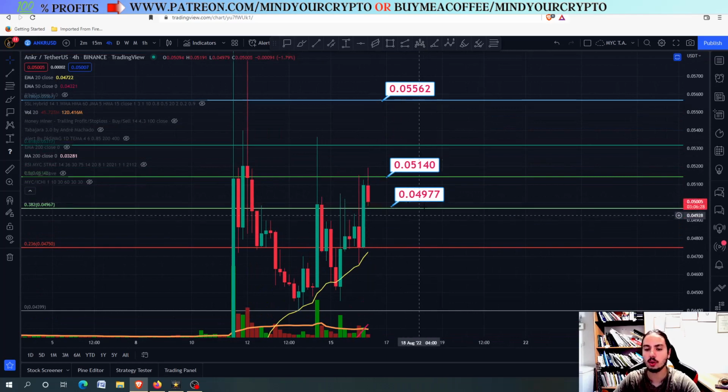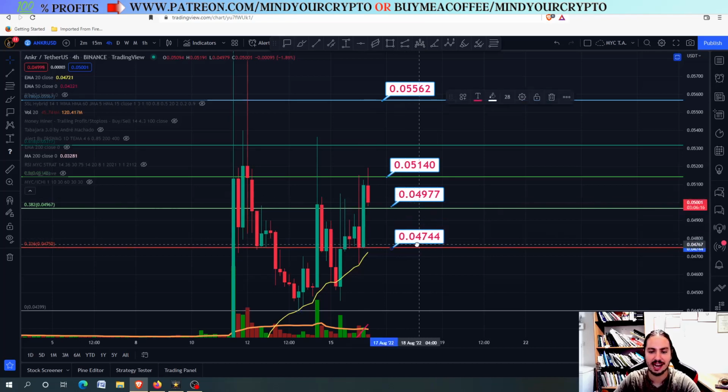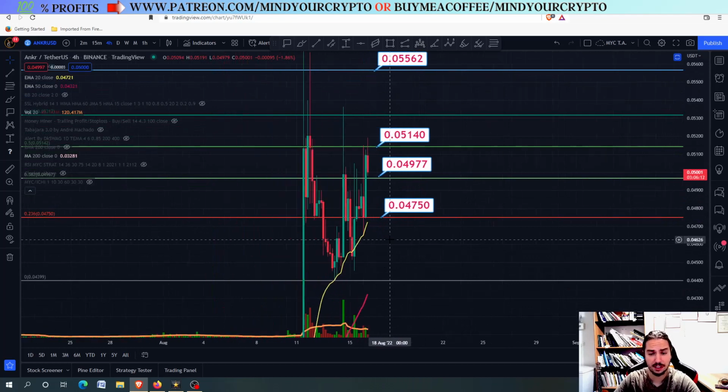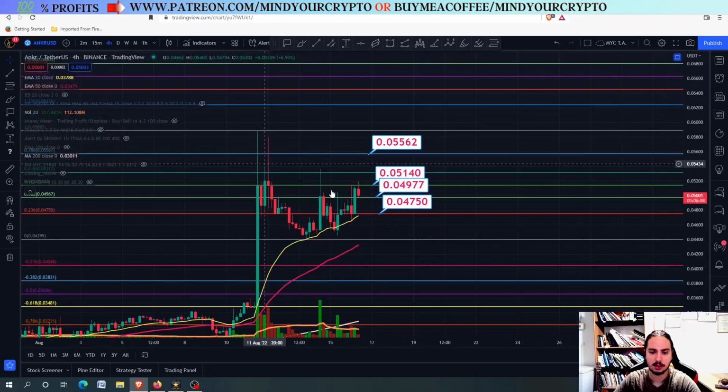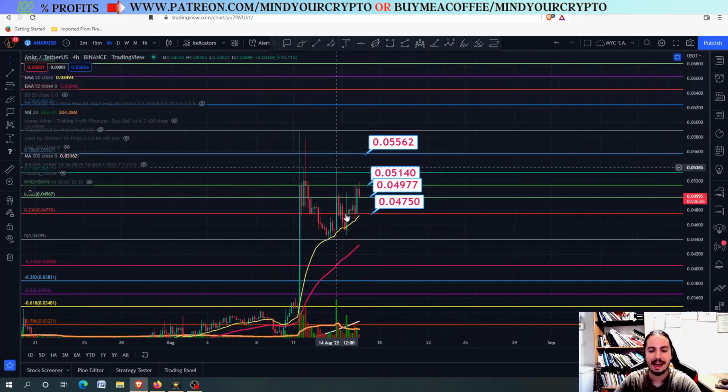If you see Ankr losing this position right here, then it is very possible that we drop further down, going into the next price targets, maybe the point of 47.50 again, and we might be getting even further down as well.